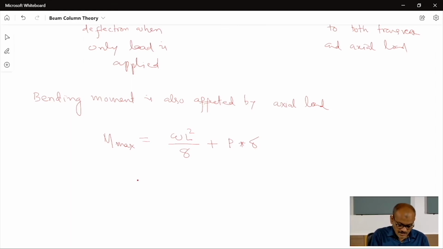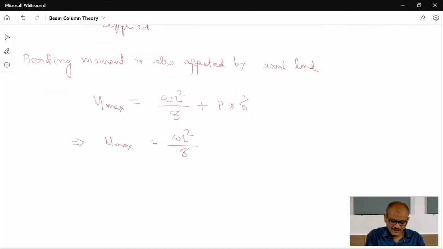So M max is equal to WL square by 8 plus P into this delta value, which becomes 5PWL to the power 4th divided by 384 EI multiplied by 1 by 1 minus P by PCR, because we derived this delta value.